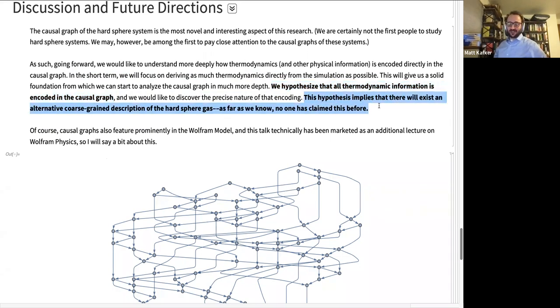And the implication of this is that there's simply another coarse-grained description of the hard sphere gas. Typically, the way that you'll see this in your statistical mechanics class, the coarse-grained description is that of an interacting gas. Its equation of state is described by the virial expansion.